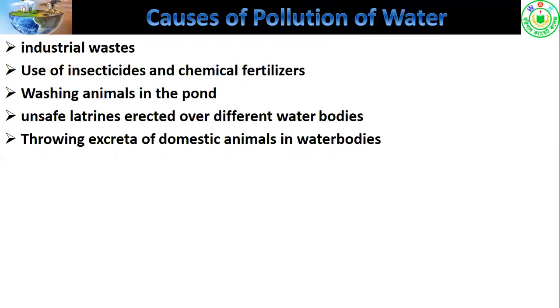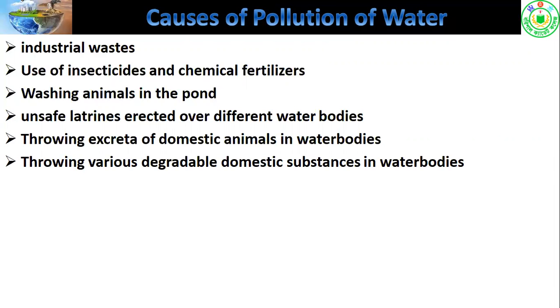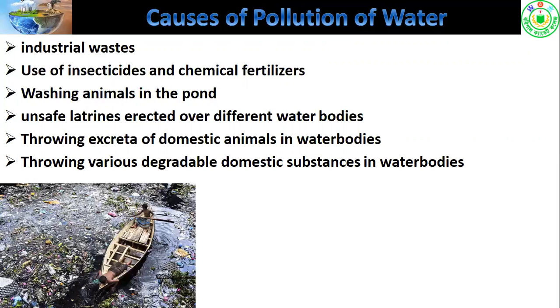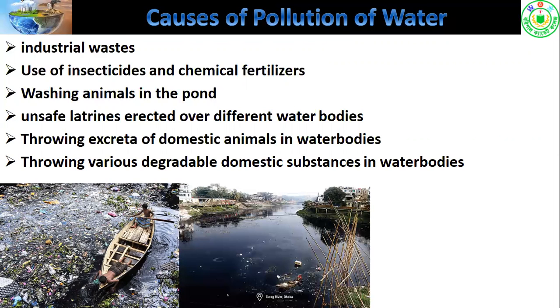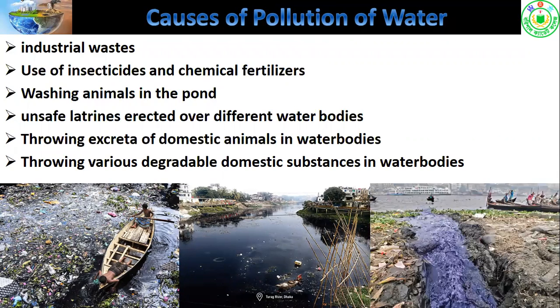Throwing excreta of domestic animals in the water bodies, throwing various degradable domestic substances in the water bodies. See what happens because of throwing different types of waste materials in the water bodies. See the color of the water, it is totally black, but it should not be. See how industrial waste is mixing up with the river water, and the river water is getting polluted.